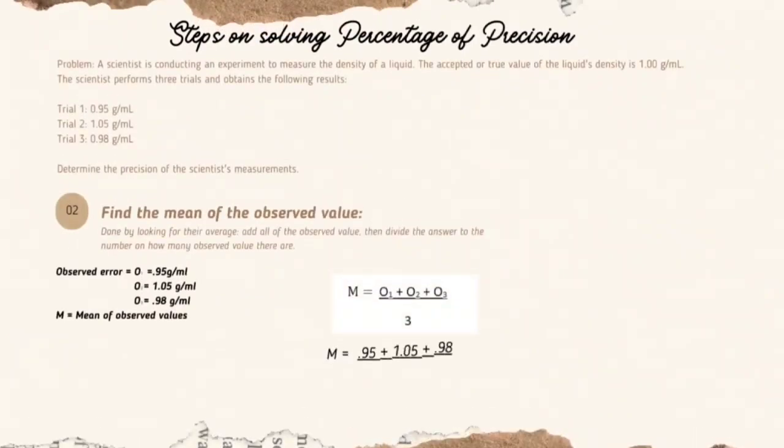The next step is to find the mean of the observed values. It is done by looking for their average: add all of the observed values, then divide the answer by the number of observed values. To get the mean, we add the 3 trials and divide by 3, since there are 3 trials.